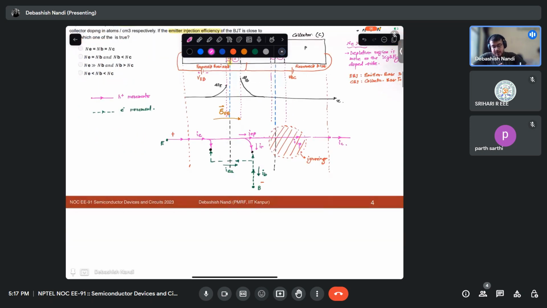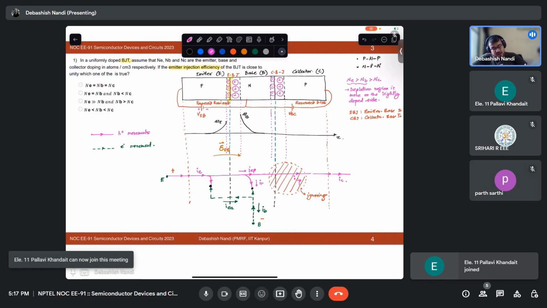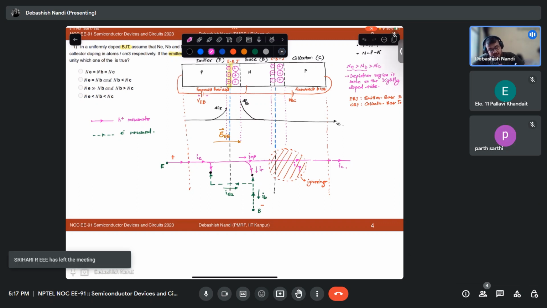Fine. As you have studied, can you tell me how we define the injection efficiency? First, note that if you write KCL at this node, your IE would be IEP plus IEN. This current and this current, right?